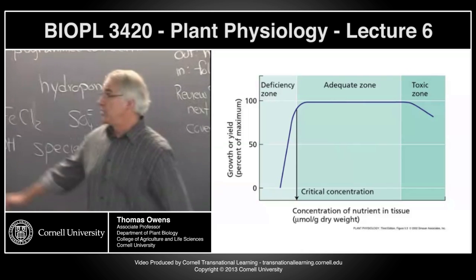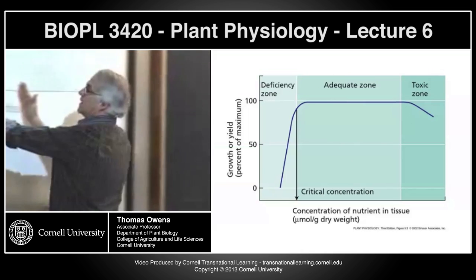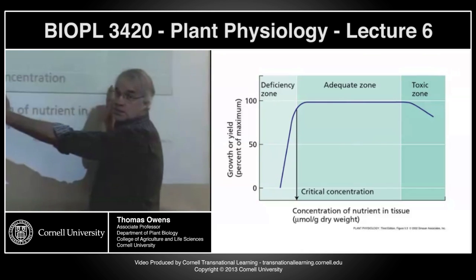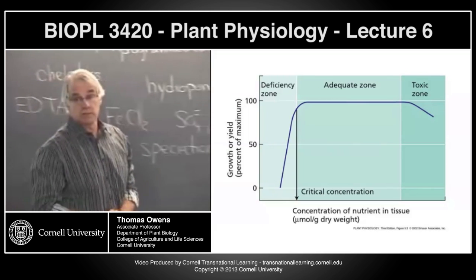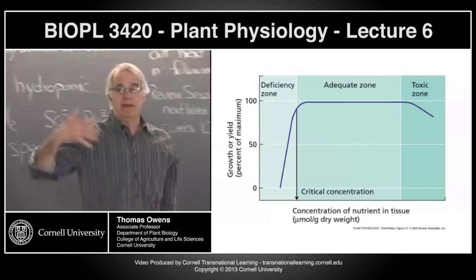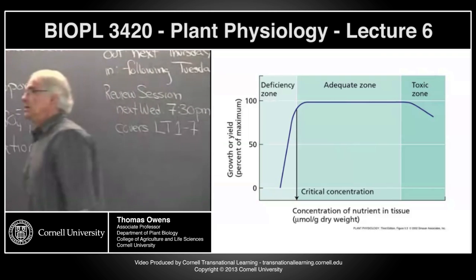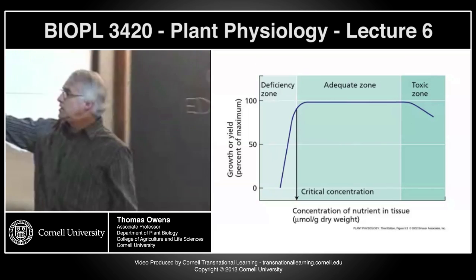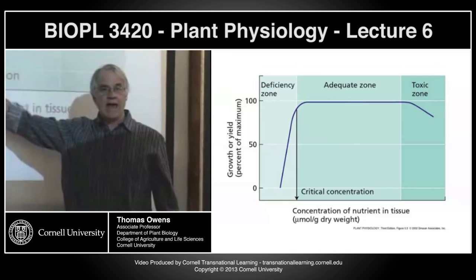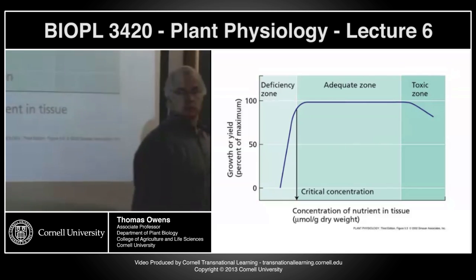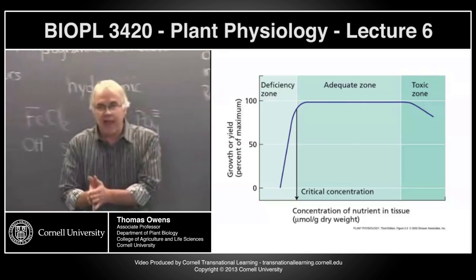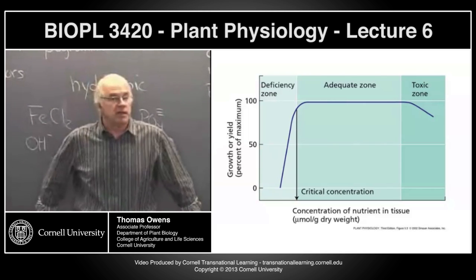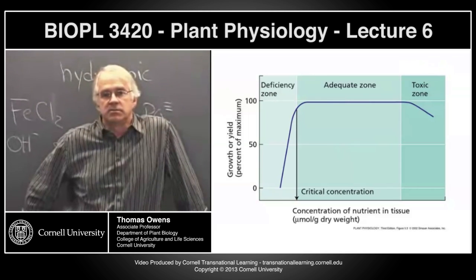All right? The thing is that where this adequate concentration range is differs for different plants, for different nutrients. What is going to be a characteristic of the plant that's going to determine where this adequate range is? Why might one plant at a certain concentration be adequate and another plant be limited, even though the same amount of that element is present there?